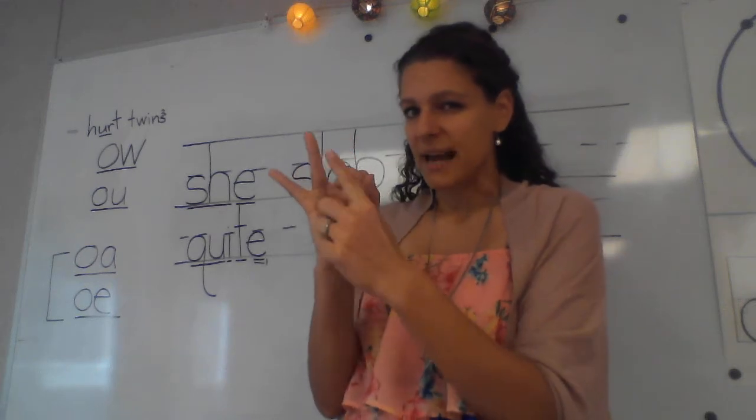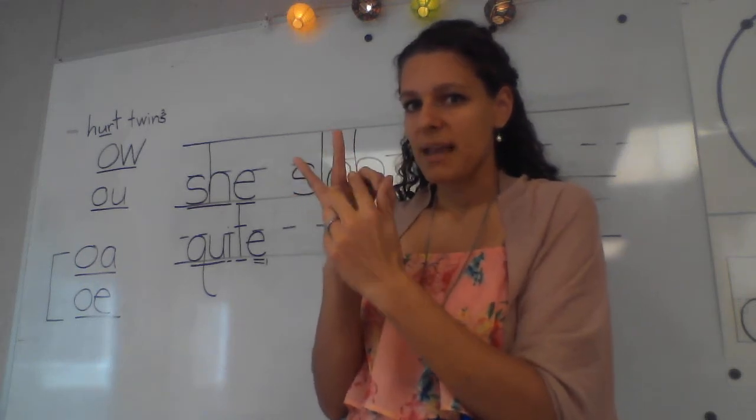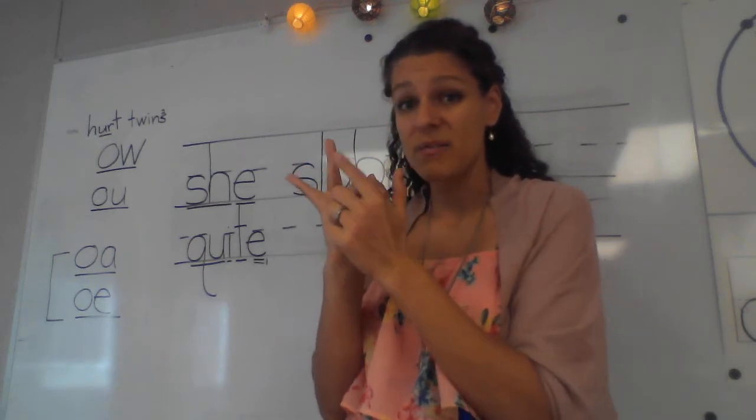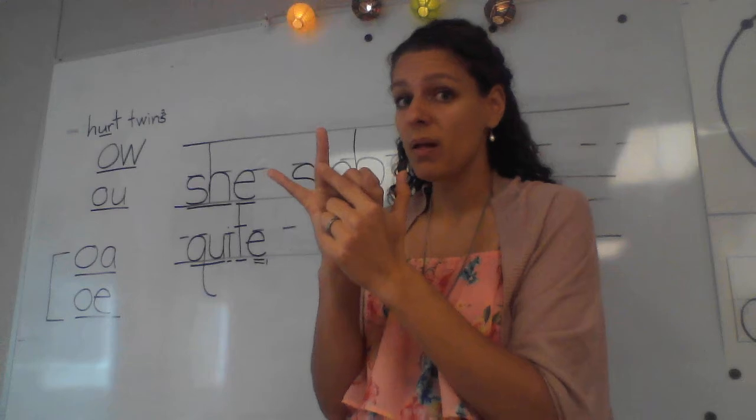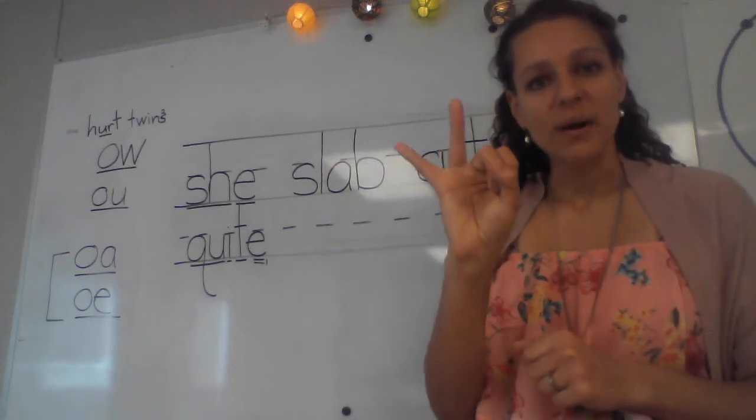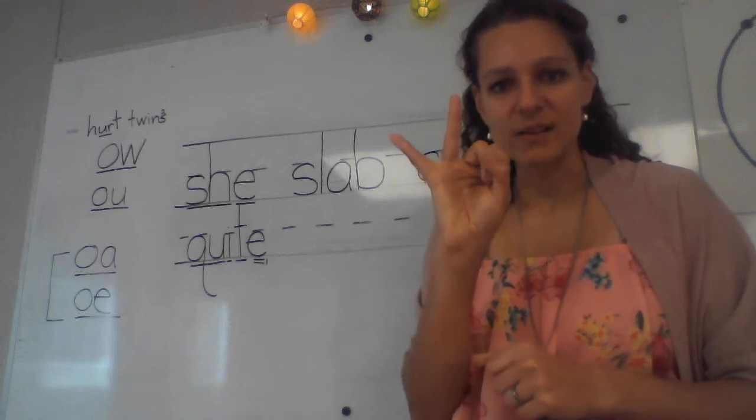Remember, it can't be a silent final E making our vowel say its name without a consonant there. So if the vowel's at the end of the syllable, we know it has to be an open syllable. All right, so write be and say the sounds while you write them.